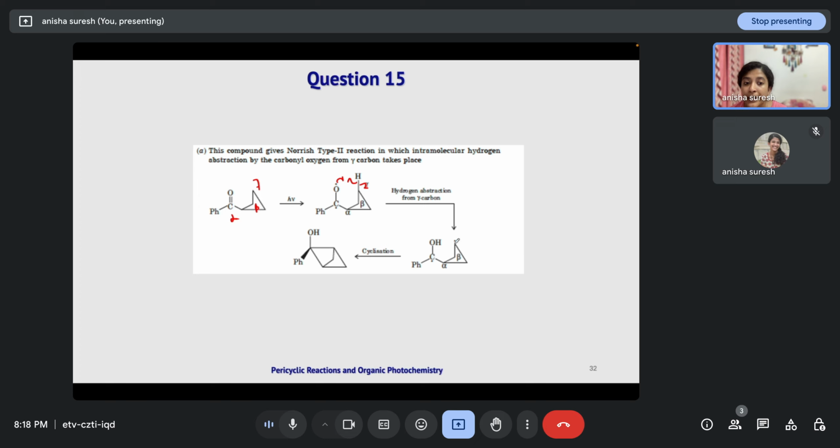Now this carbon radical and this carbon radical will recombine or cyclize, resulting in the formation of the final product. Is the mechanism clear? So this is an example of Norrish type 2 reaction.